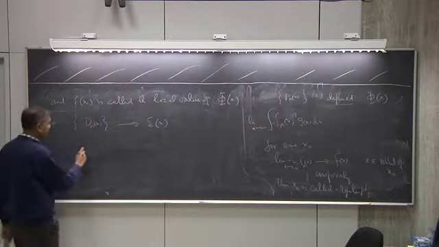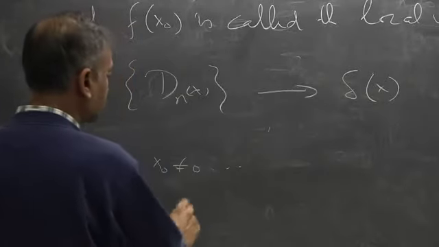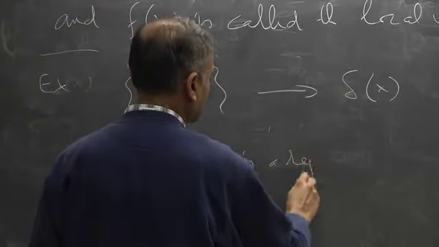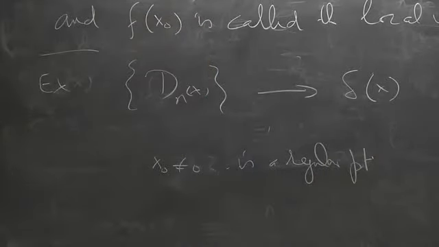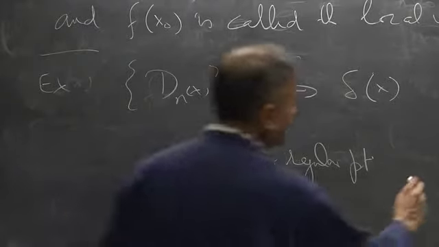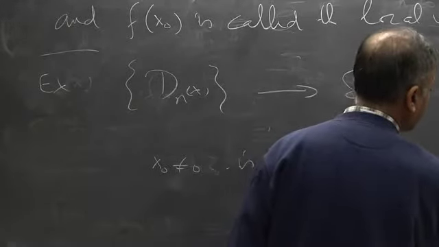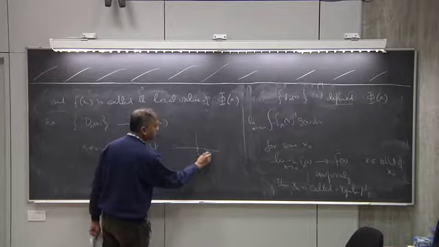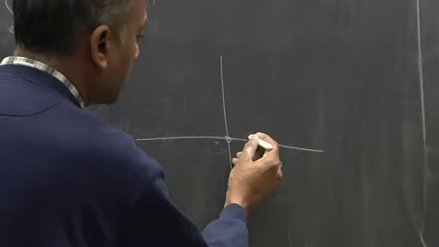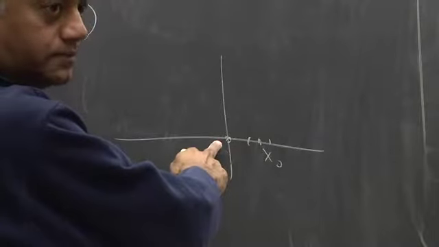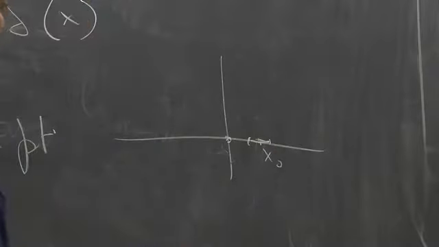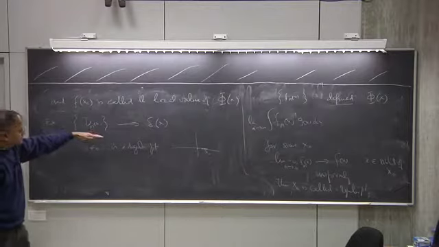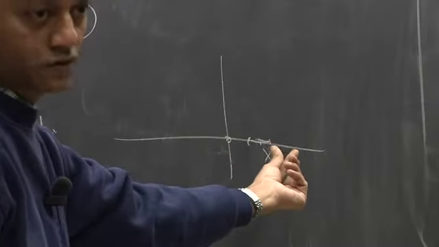For this, any point x naught which is not equal to 0 is a regular point. Because given any x naught, here is my 0, x equal to 0, and I choose any point x naught, then you can always find some neighborhood which does not contain 0, and in that neighborhood you can show that this converges uniformly to a 0 value.